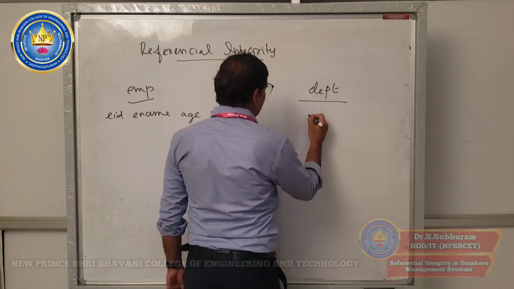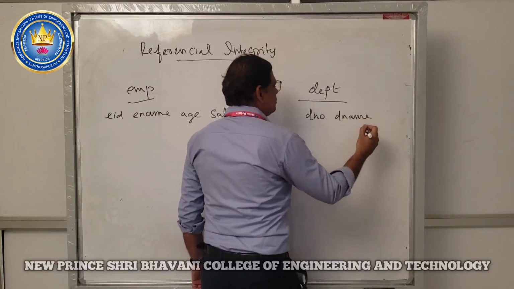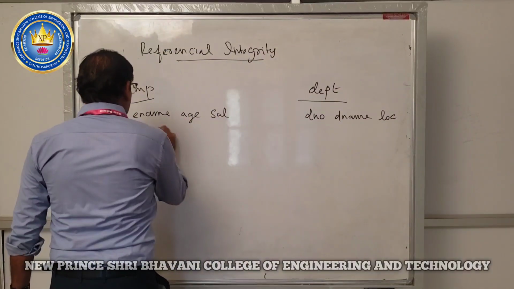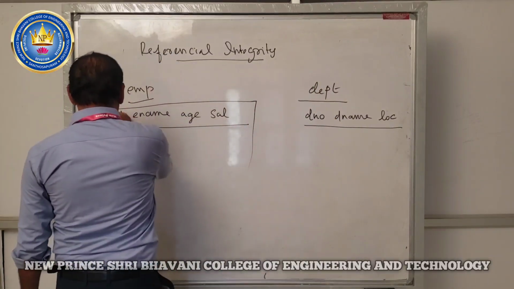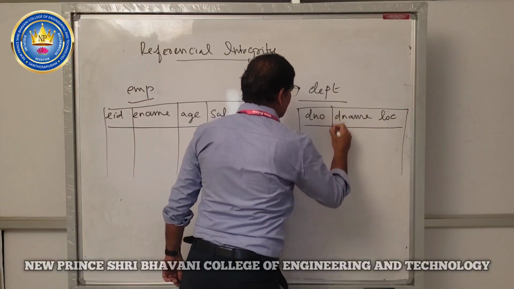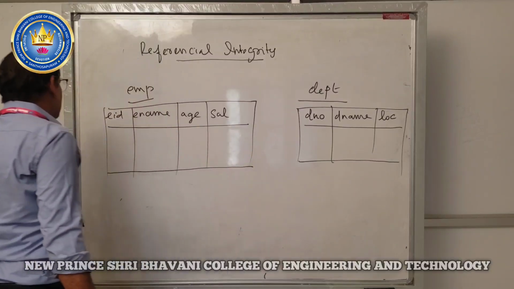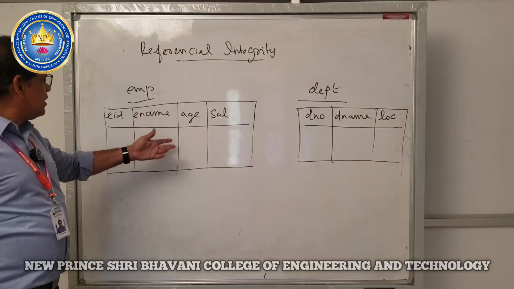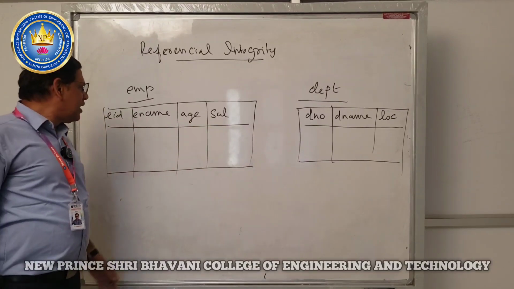The department table can have department number, department name, location, etc.